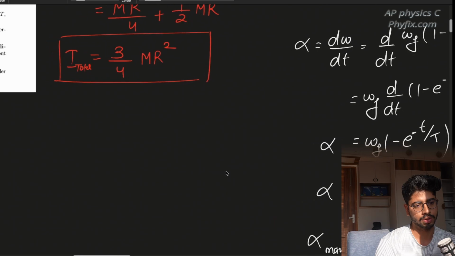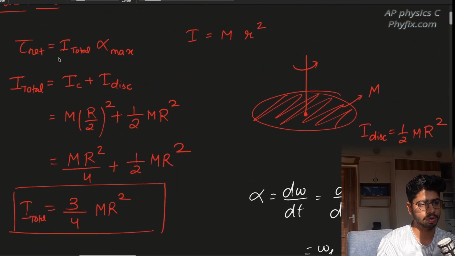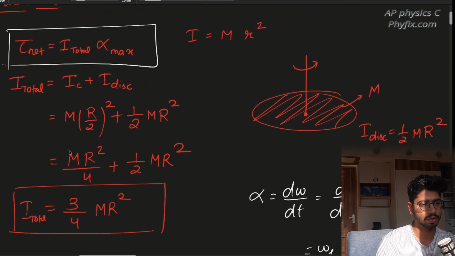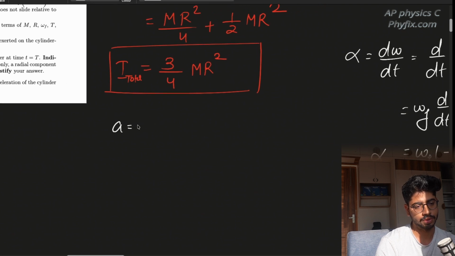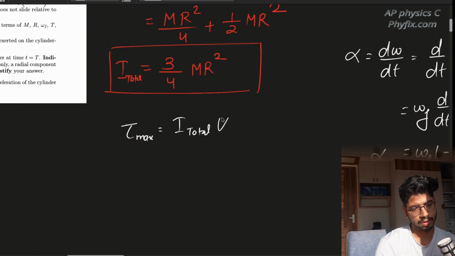So you can find out the torque. To find the maximum torque, you can just substitute the value for alpha, basically alpha maximum that we have.